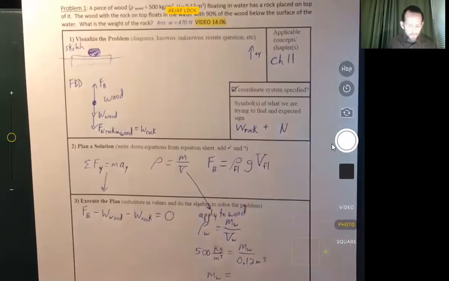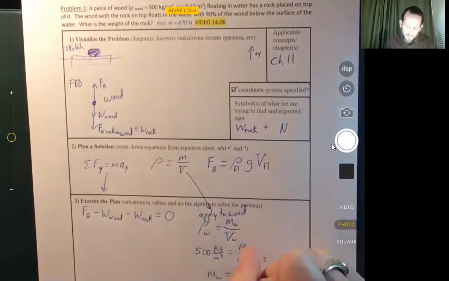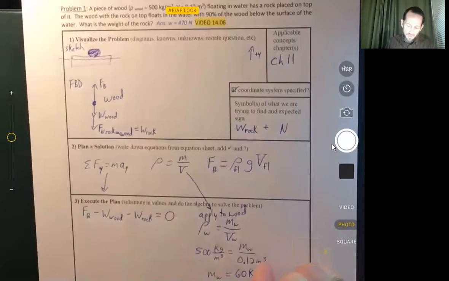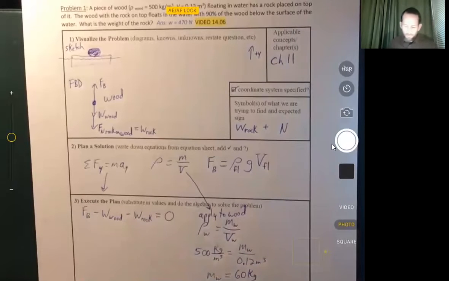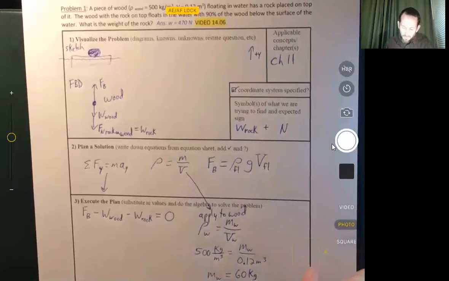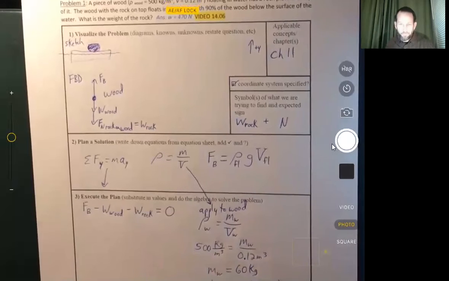So the mass of wood is going to be 500 times 0.12, which is 60 kilograms. So the weight of wood is going to be 60 kilograms times 9.8 meters per second squared. So it should be roughly 600. And it turns out it's 588 newtons. All right, so we got that squared away.